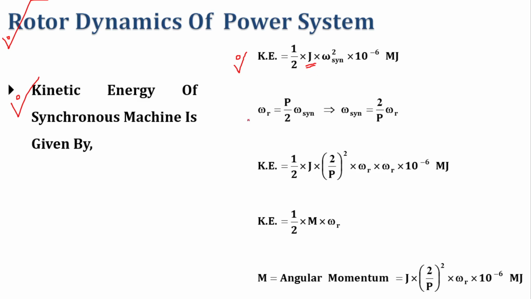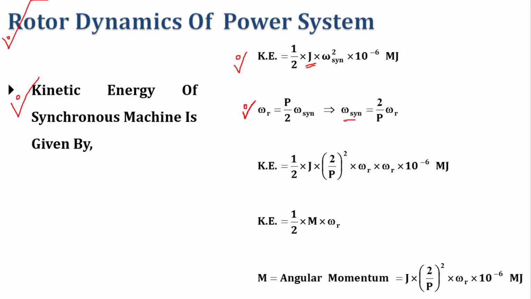Now we know that rotor speed is equal to P by 2 multiplied by omega synchronous.